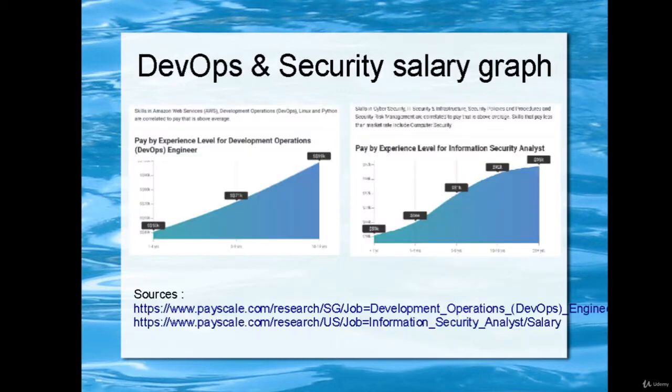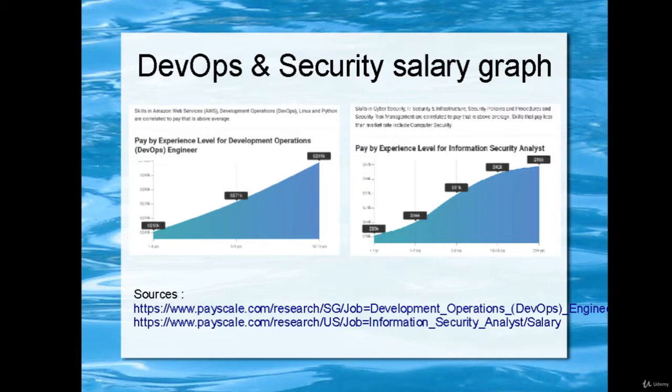Now, also to show the fact, I have included some details from payscale.com. If you go to this website and check the DevOps and the security salary graph, we can see that the DevOps team with 1 to 4 years of experience is being paid around $50K, and the security team is also being paid around 50.